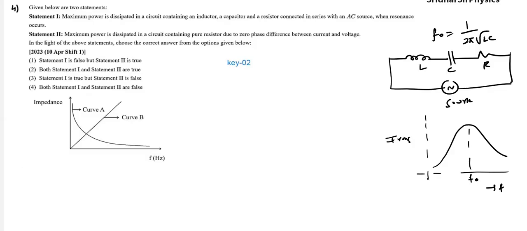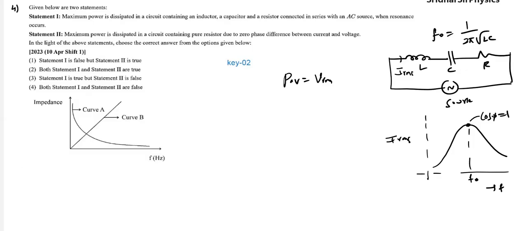Maximum power is dissipated. Power dissipation depends on what? Who will dissipate power? Only the resistor will dissipate power. Then what is the power dissipation? That depends upon current. And we already know the basic concepts. Power factor will be maximum at resonance, no? And how much is the power factor? Equal to 1. And at resonance, what is the average power dissipated formula?